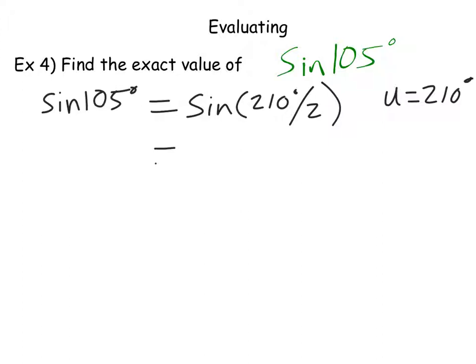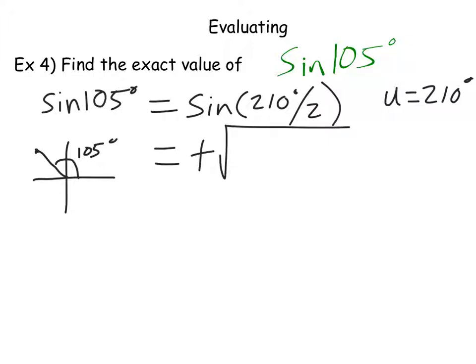And now I've got to get into this whole plus minus thing. Just think about your quadrant. Over here to the side, 105 would be like right here. That's in quadrant number 2. Sine values are always positive in quadrant 2.